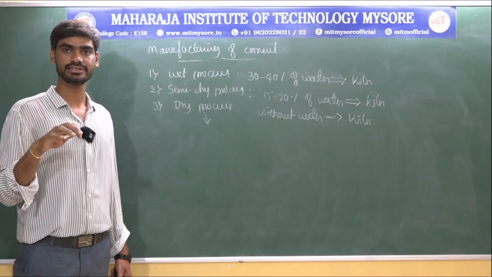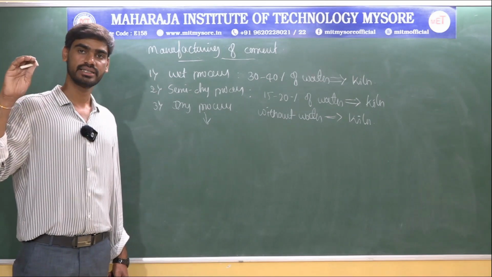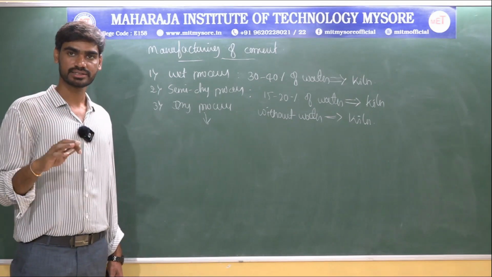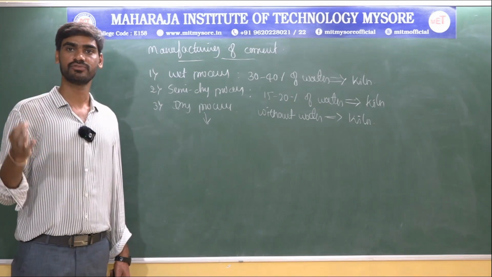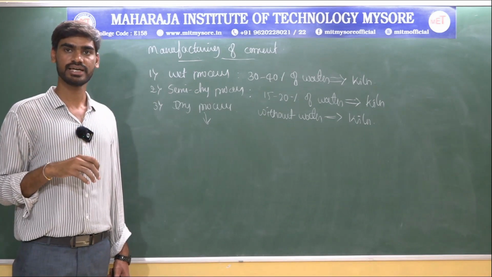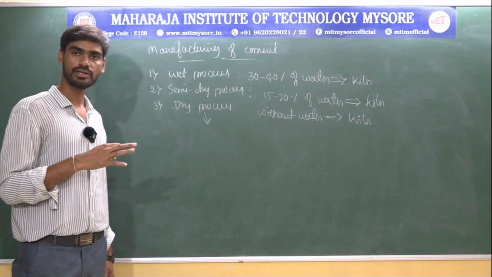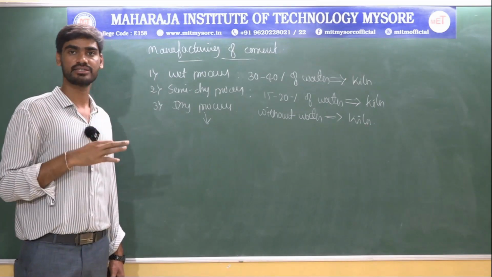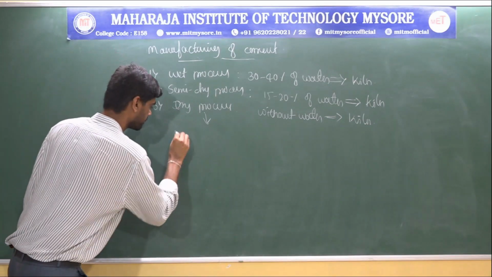All the ingredients are mined from the earth crust and then subjected to the manufacturing process. That's why the first step in the manufacturing of cement is mining.